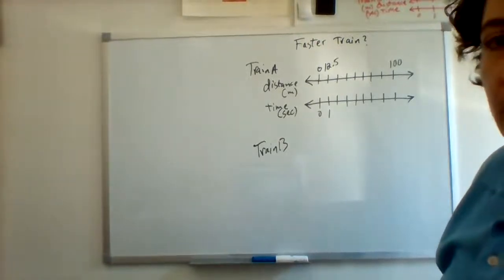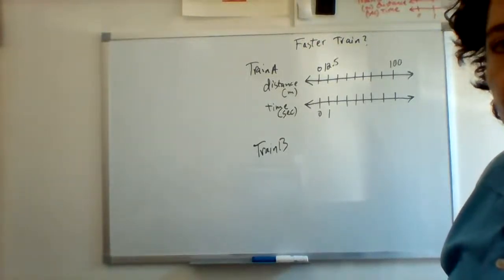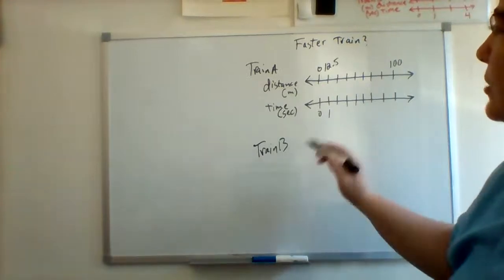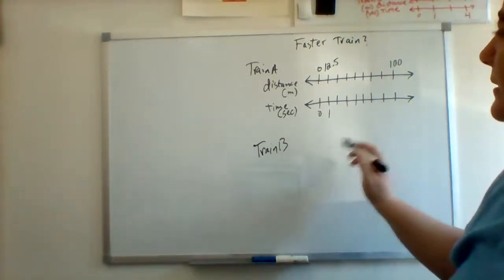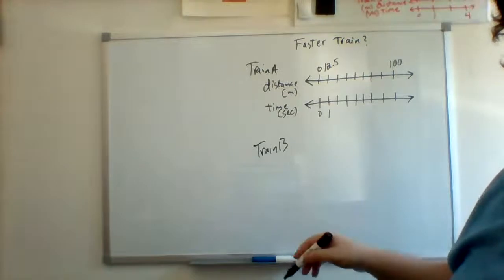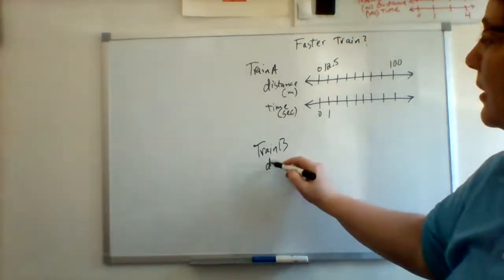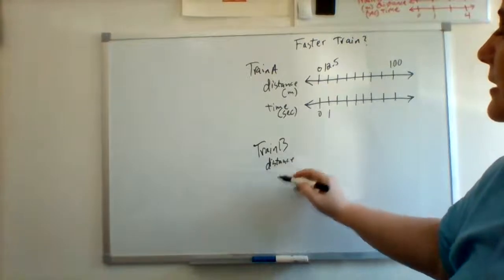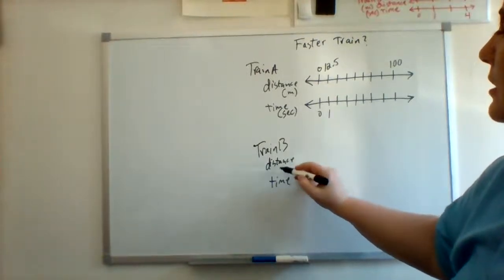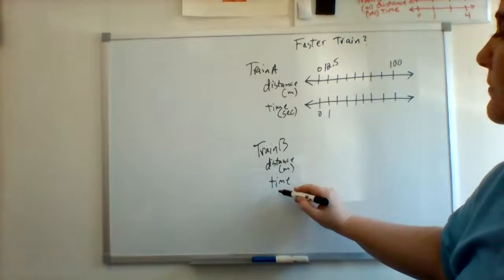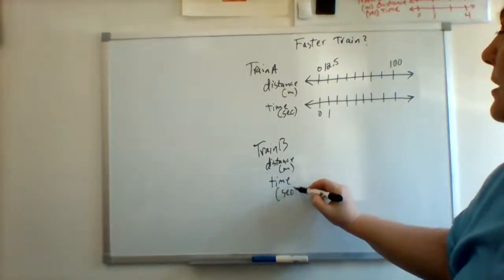We're trying to decide which train is faster for our warm-up today. And we were given 2 double number line diagrams with the information on it instead of them telling us by words. Both distance and time are being measured in the same units. Distance is measured in meters. Time is being measured in seconds.